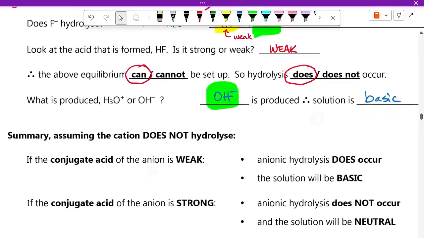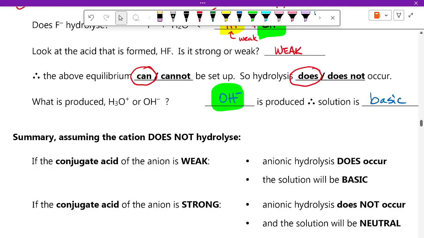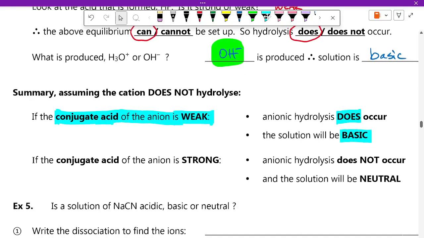In summary, if we assume that the cation does not hydrolyze, we'll look at what happens when both ions hydrolyze in a little bit. If the conjugate acid of the anion is weak, hydrolysis does occur and the solution will be basic. If the conjugate acid of the anion is strong, anionic hydrolysis does not occur and the solution will be neutral.